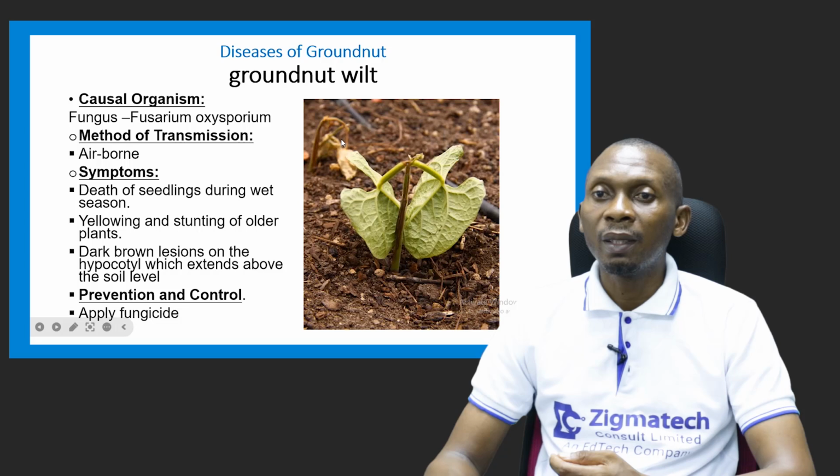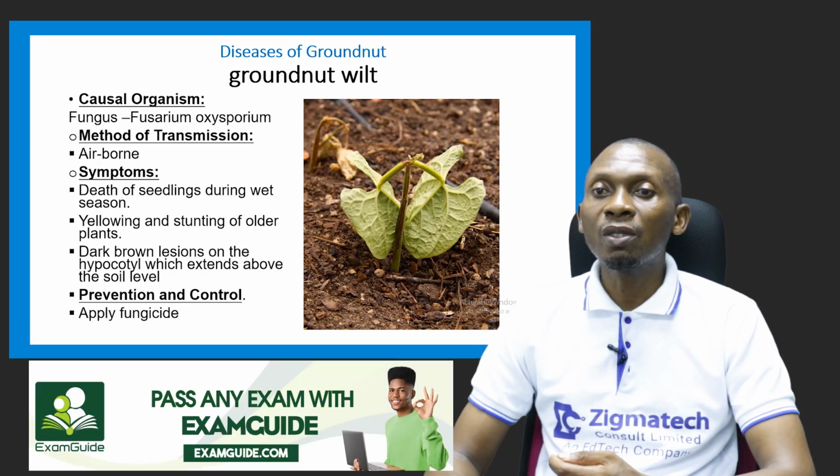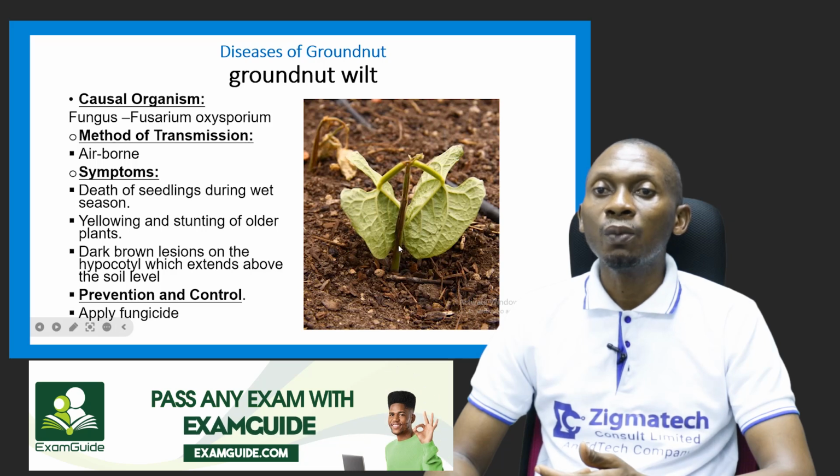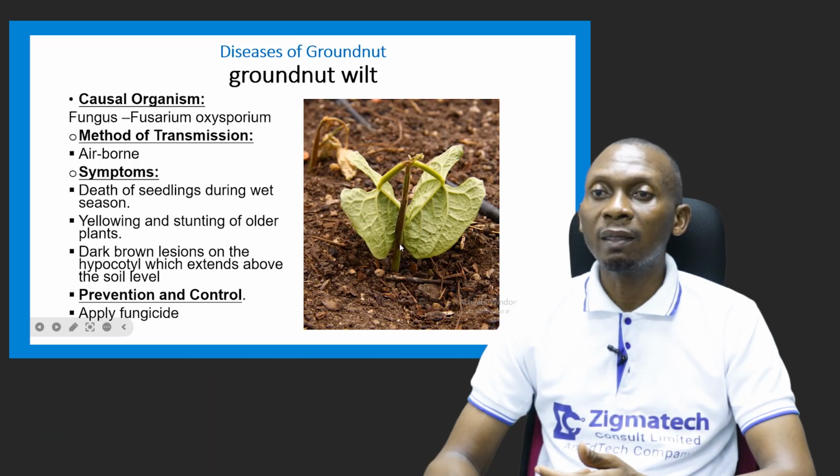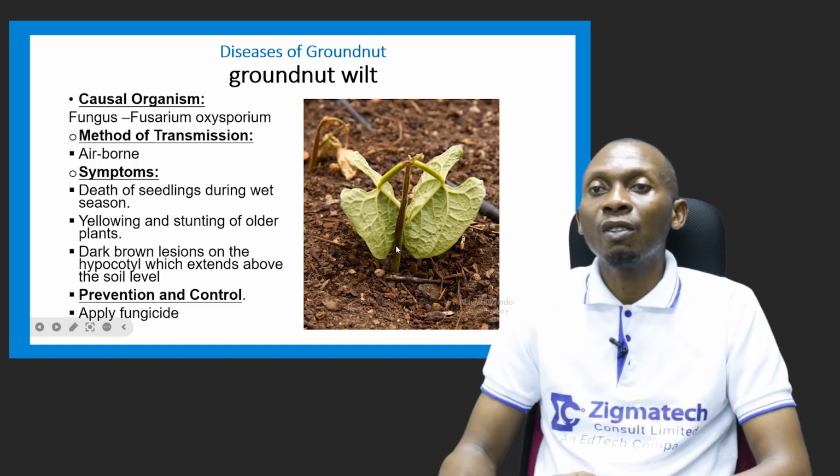Then there's yellowing or stunting of older plants. Then you can also see dark brown lesions, which are like wounds, on the hypocotyl. This is the hypocotyl here, which extends above the soil. If you look closely, you see a dark brown lesion, which is like a wound here. So that's a sign of groundnut wilt.